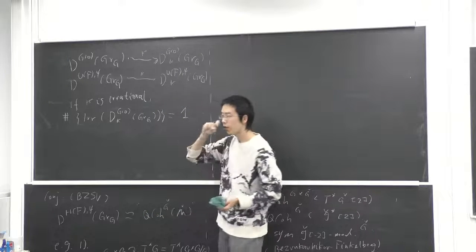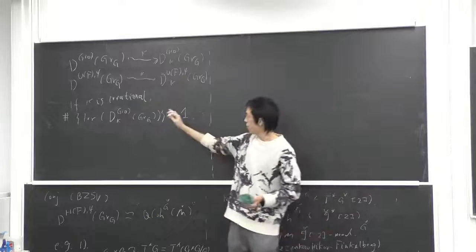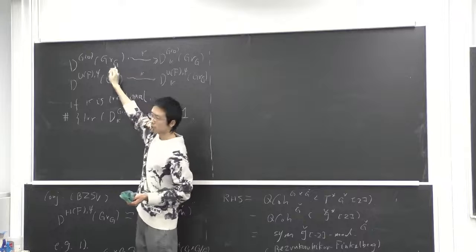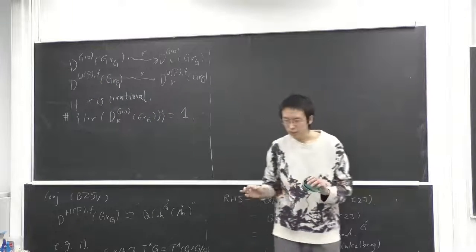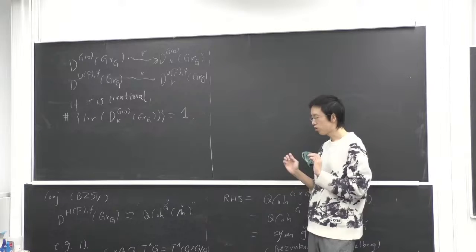I mean, just one object. Well, in the non-twisted equivariant category, there are infinitely many irreducible objects.